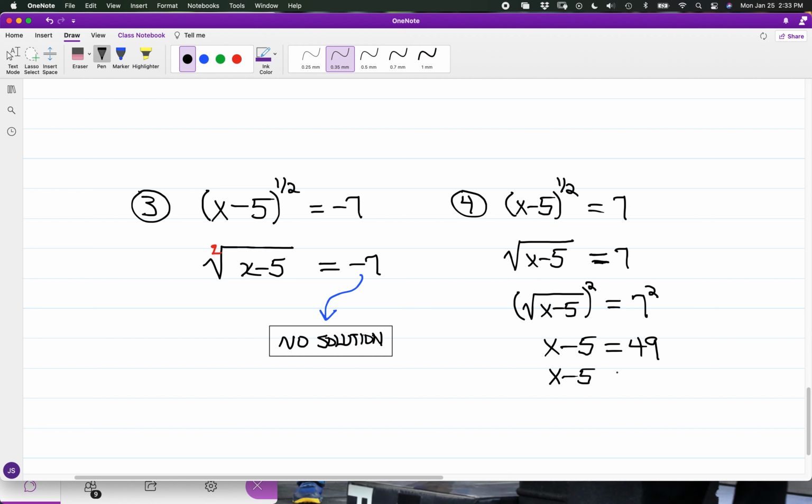And again, if I isolate x by adding 5 to both ends, for this outcome, we're going to have that x is equal to 54.